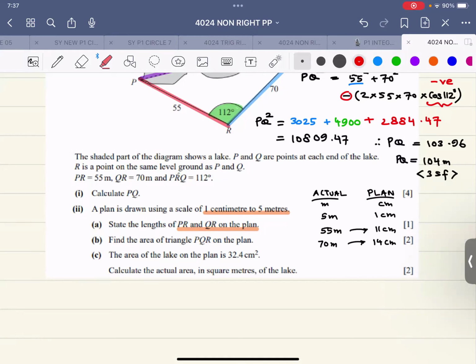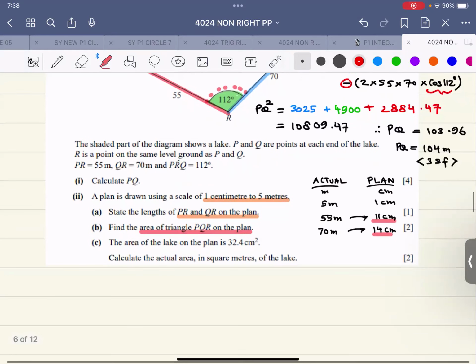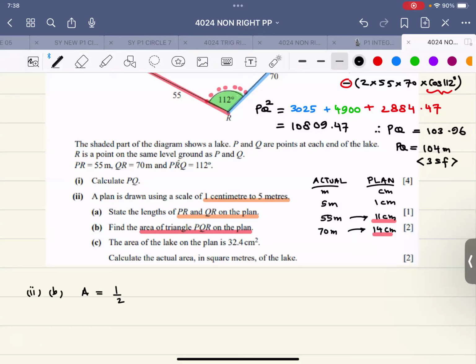Find the area of the triangle on the plan. That means we have to use this, and the angle will remain the same. The angle will be unchanged. So therefore, this is part B, so this is area on the plan. This is half into 11 into 14 into sine of 112 degrees.